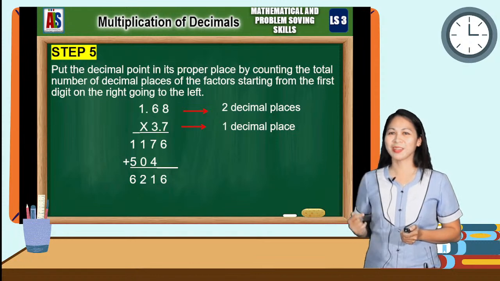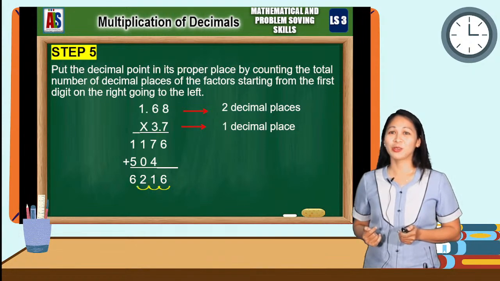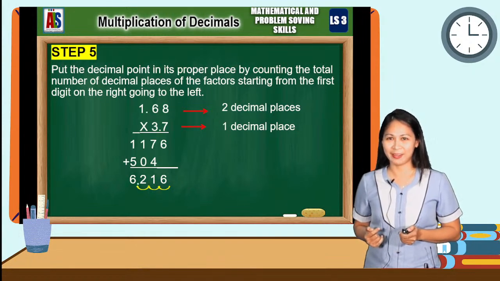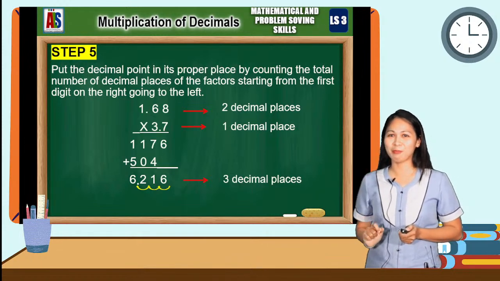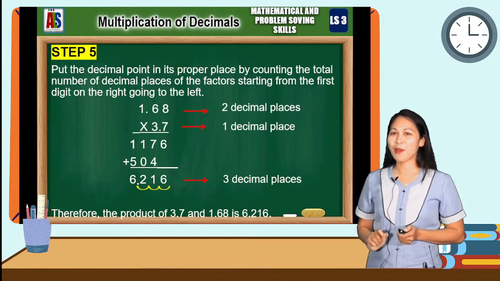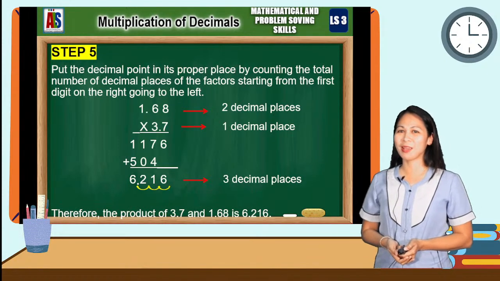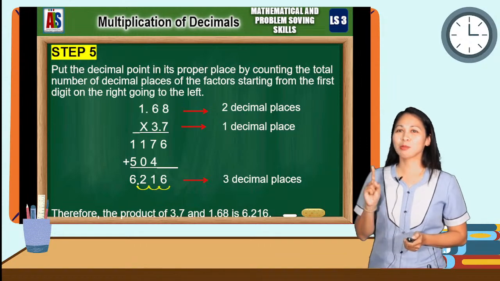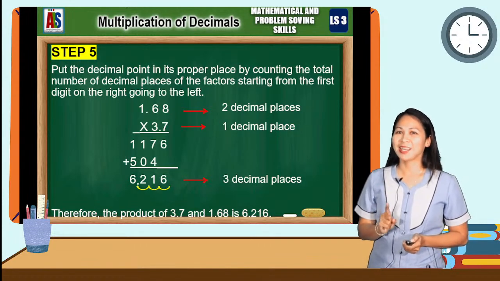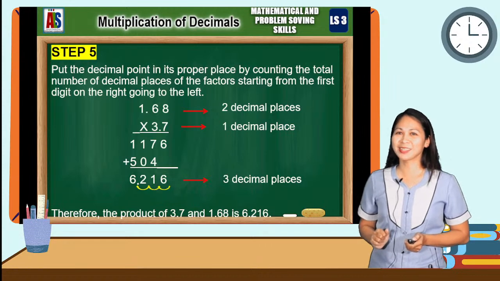Let's count. 1, 2, and 3. So the decimal point is here. And the product has 3 decimal places. Therefore, the product of 3.7 and 1.68 is 6.216.